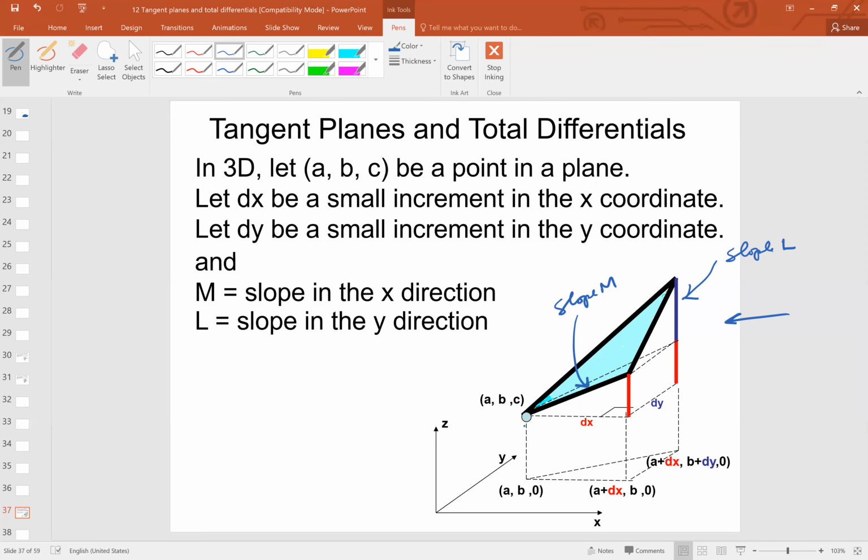And the question is, if I were to go from here all the way up to that point, what's the amount of gain in z, dz, equal to?